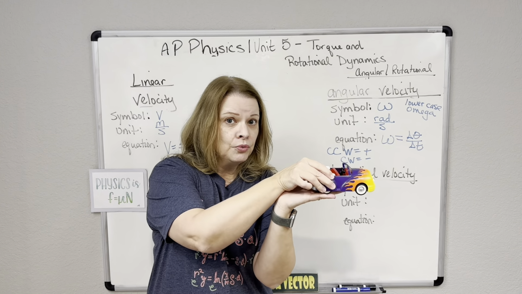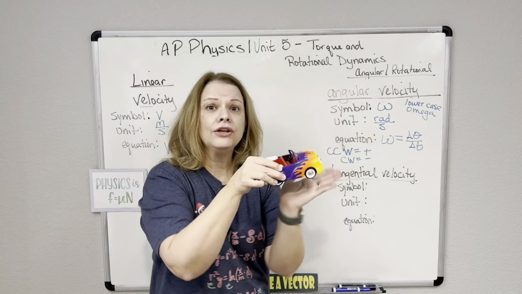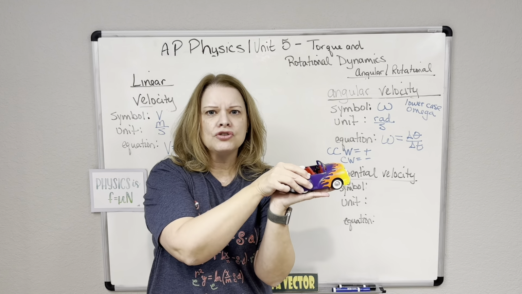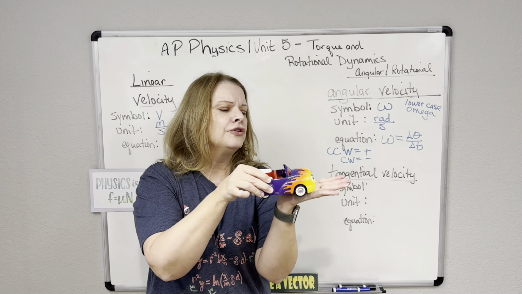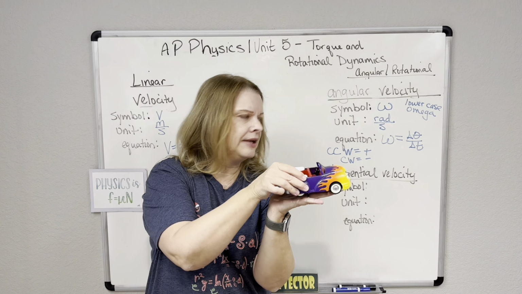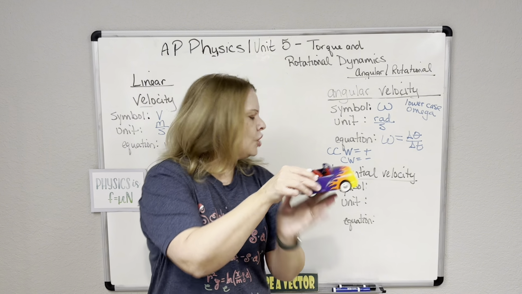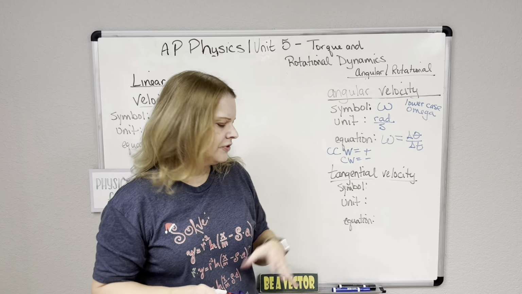And the faster the wheels spin, the higher the angular velocity. The faster the spin, the faster the tangential velocity, or linear. The slower they spin, or the lower the angular velocity, the lower the tangential velocity.